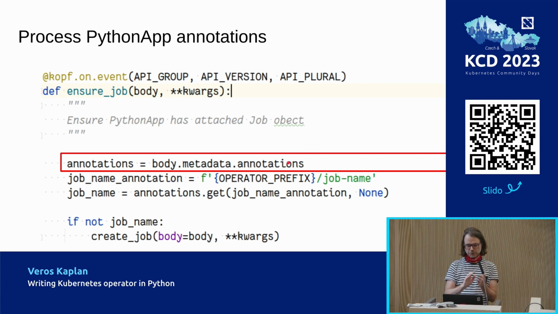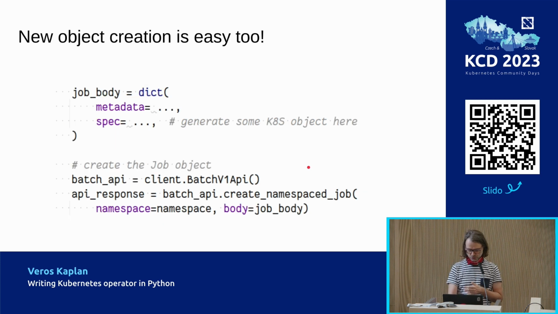Kopf provides us with some helpers, we can easily access the annotations, the metadata of the objects. We can access them in a Pythonic way. So these are converted to Python objects, which is really helpful. So you would like to create a new object.